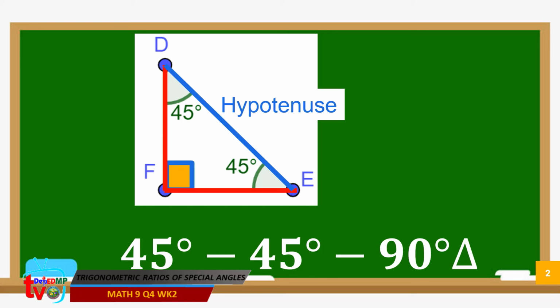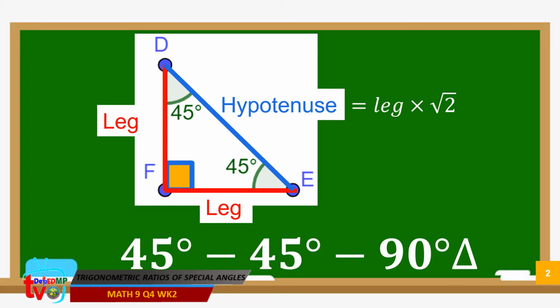You really are observant. Line segment DF and line segment EF are equal in length. The sides are called legs. Now remember that with respect to the legs, the hypotenuse is equal to leg times square root of 2.